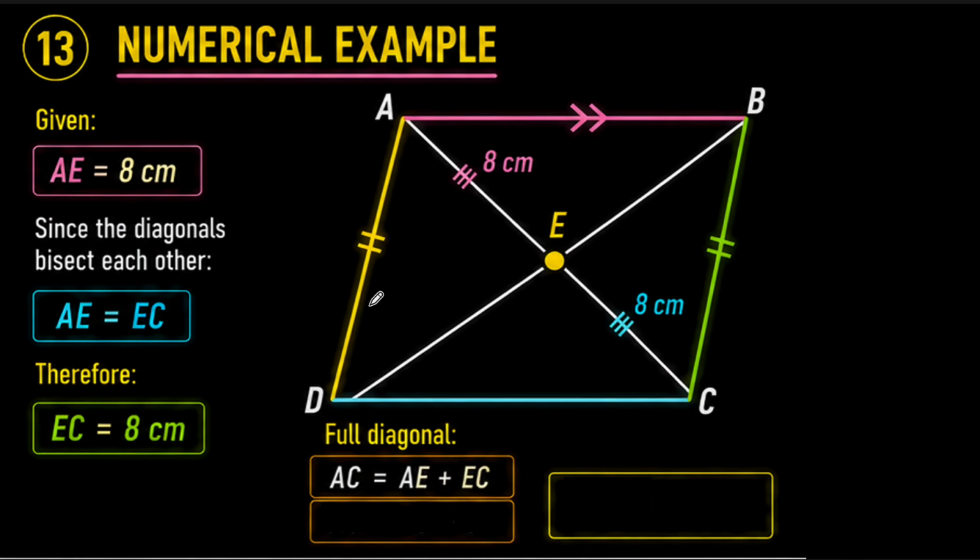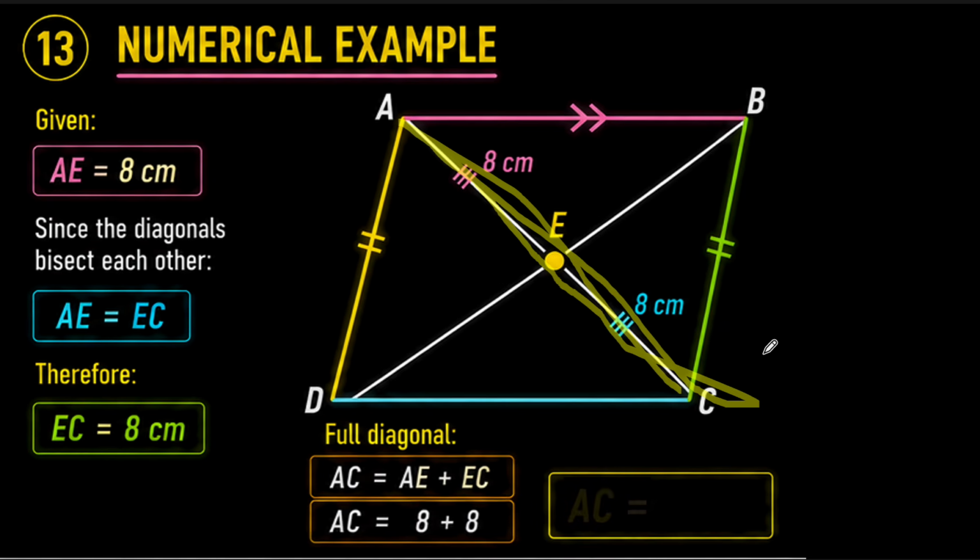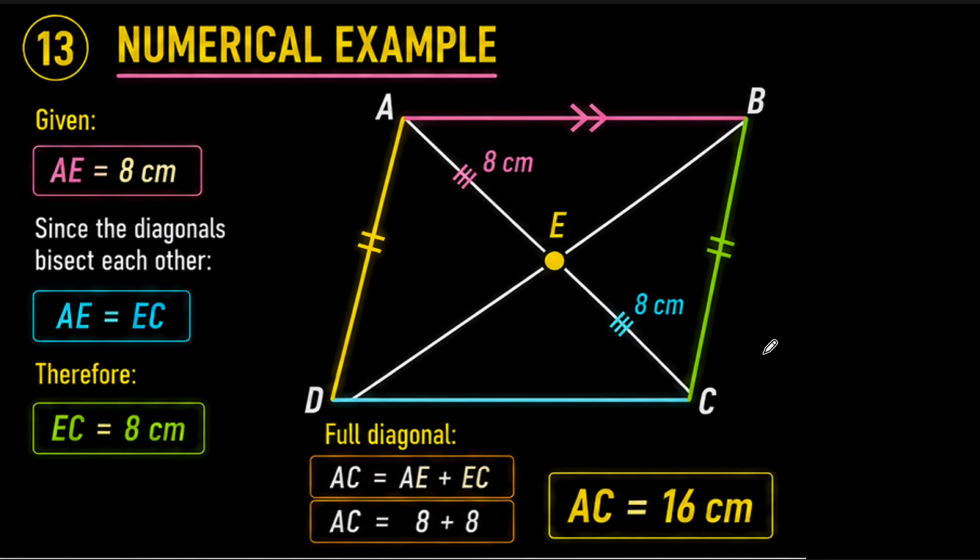So, AE plus EC is equal daw sa AC. Yung AC na yan yung full diagonal, yung full line. Ibig sabihin yung AC natin, that is equal to 8, yan yung AE, 8 din naman yung EC, that is equal to 16 centimeter. So, yung full diagonal natin is 16 centimeter.